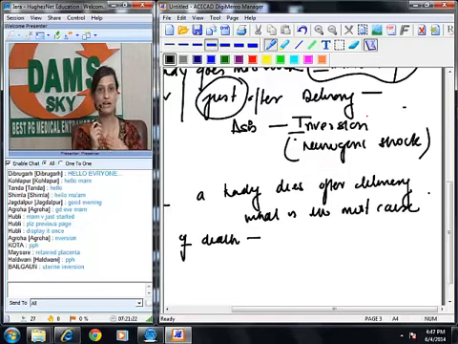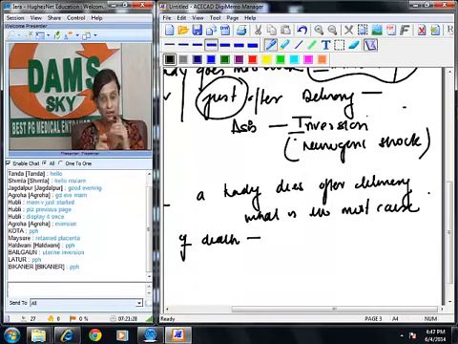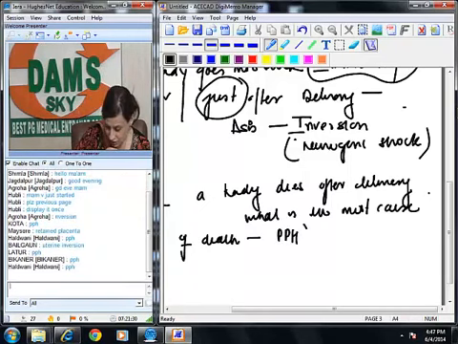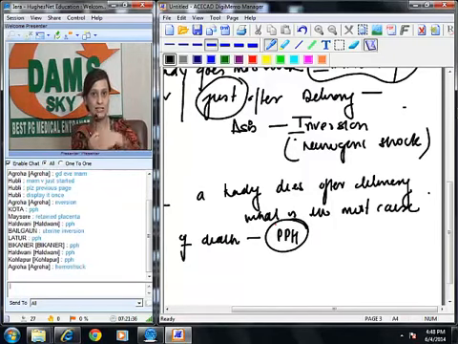A lady dies after delivery. What is the most probable or the most common cause of death? Yes, very good. The answer still is going to be postpartum hemorrhage. PPH is very common, and yes, it is the most common. As I told you, it is the most common cause of hemorrhagic shock in a postpartum woman, right?